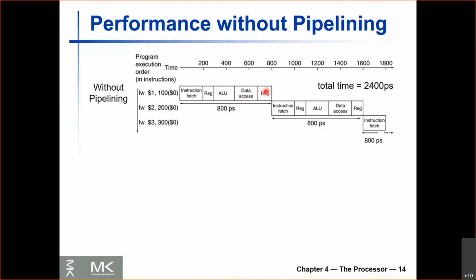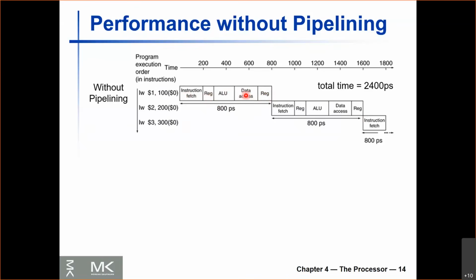So even though the register read and register write stages, the ID and the write back stage, both take 100 picoseconds, we're actually going to give them 200 picoseconds to do what they need to do. The reason is that the other stages take 200 picoseconds.